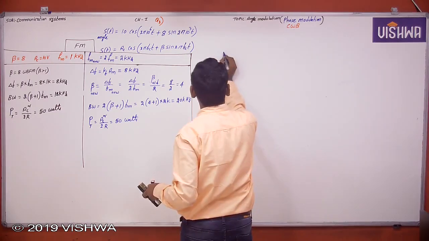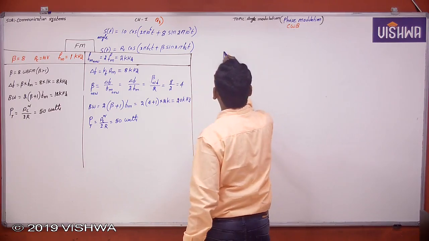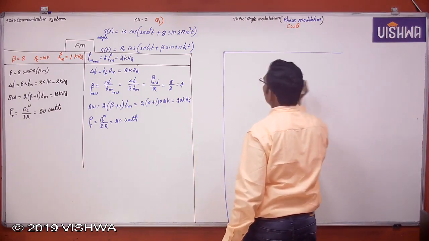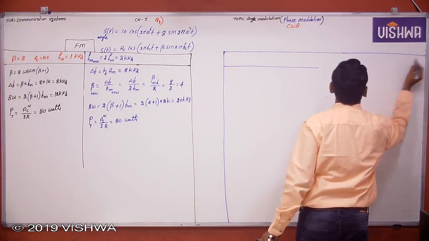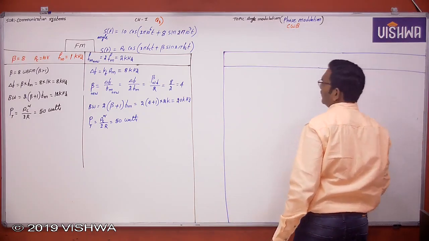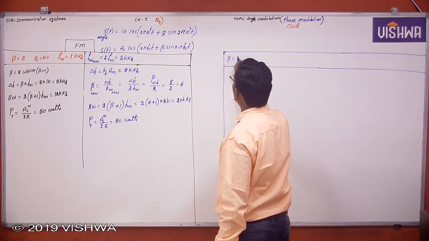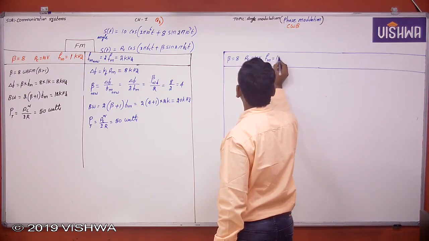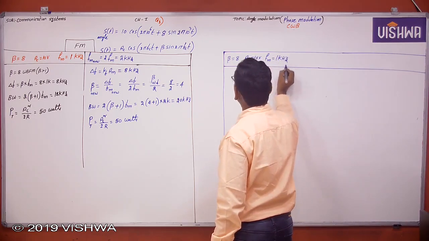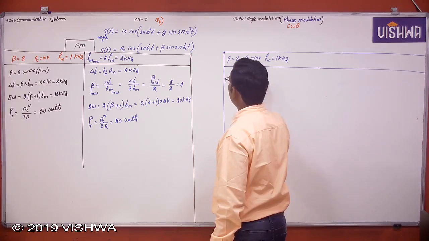Question here, you just concentrate. For comparison also you can do. Now the modulation index is 8, Ac is 10 volts, frequency of the message signal is 1 kHz. Treated as PM, the modulation index is 8.